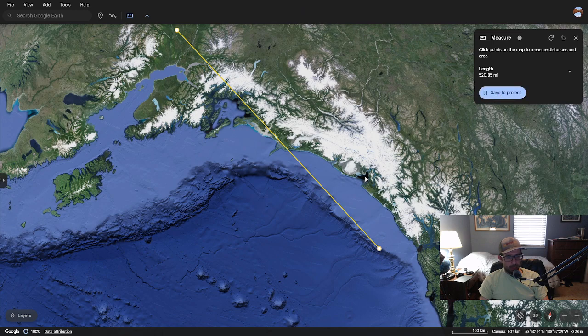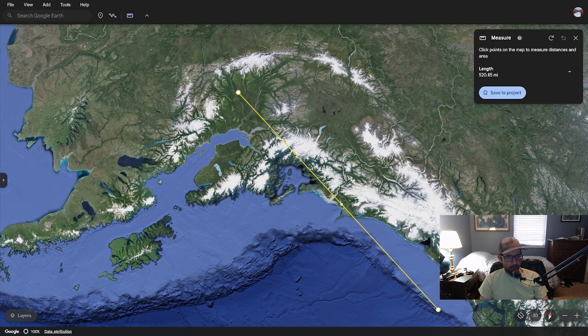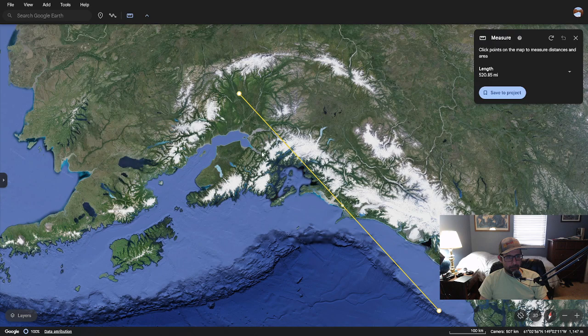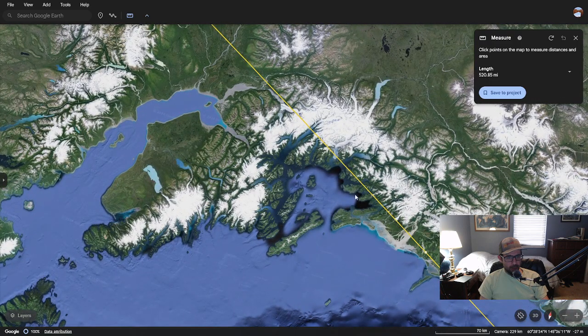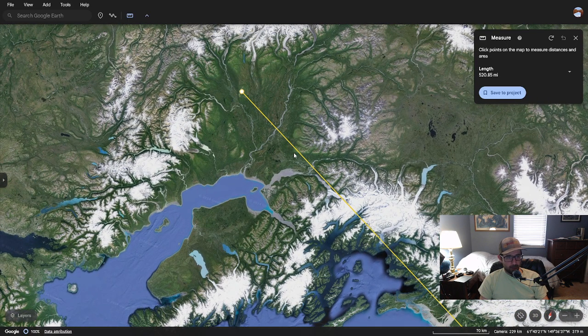Might not be the same starting point. It does generally show an area that this all is within, in this corner.